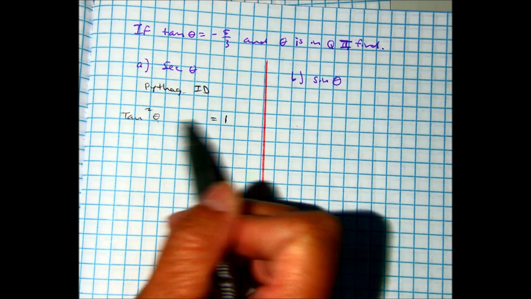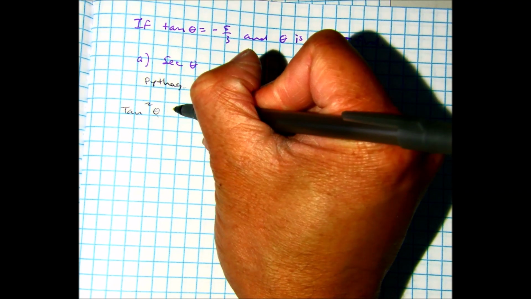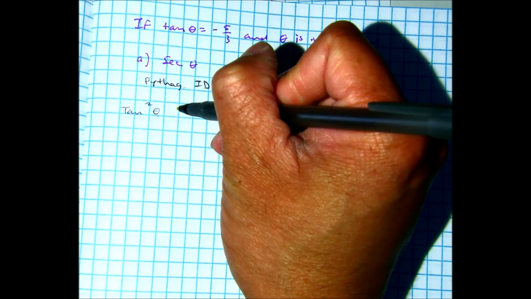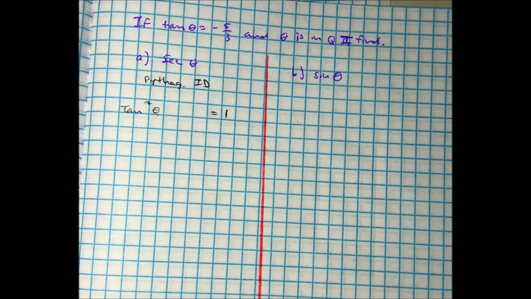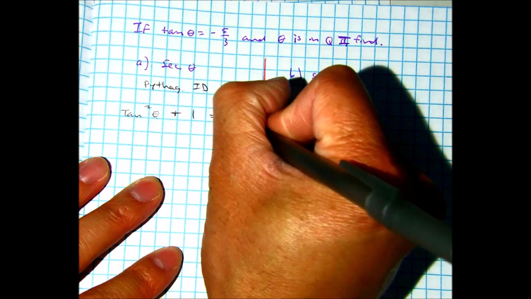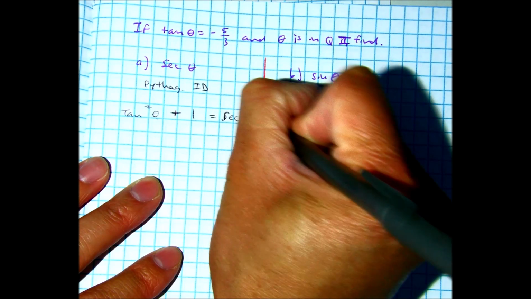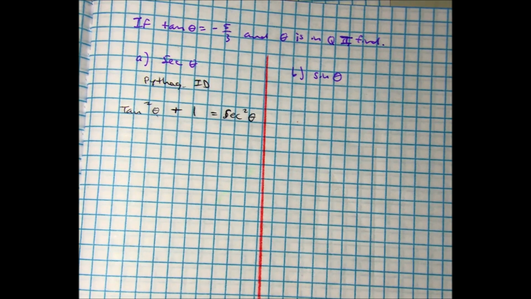I think we're missing something there, right? Ethan, can you help us with this one? Jocelyn, can you help us with this one? Plus 1 equals secant squared theta. Okay, so that is the Pythagorean identity we're going to use.